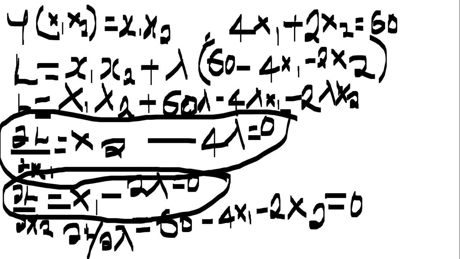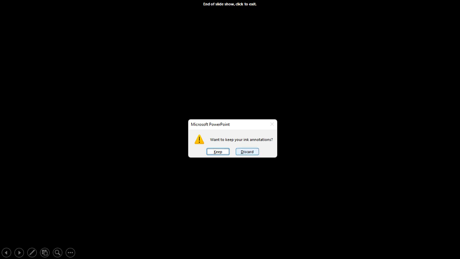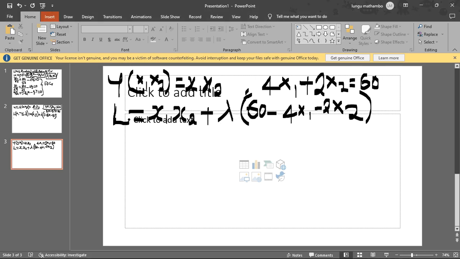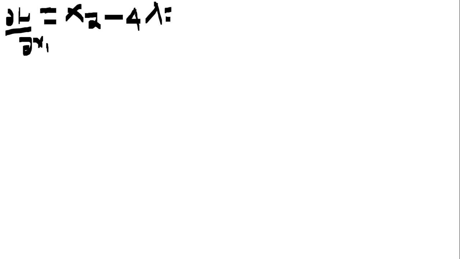Let me open another Excel page. So we had the change in L due to change in x1 was x2 minus 4 lambda equals 0.